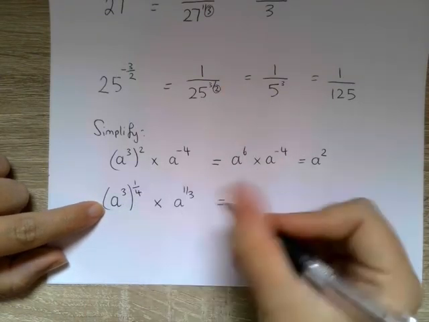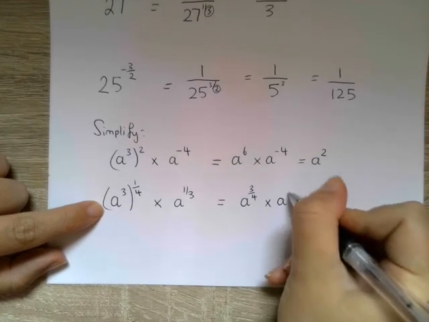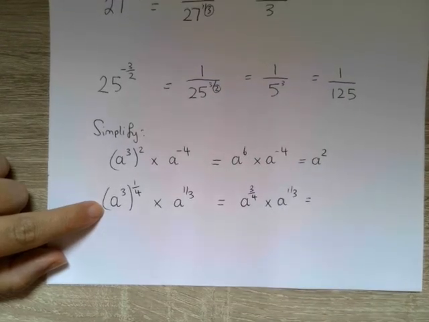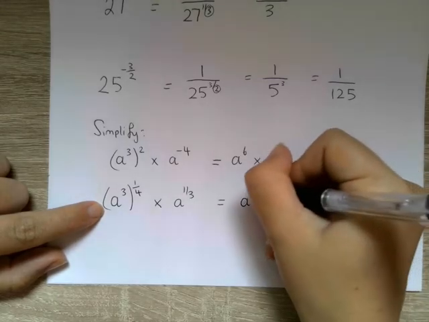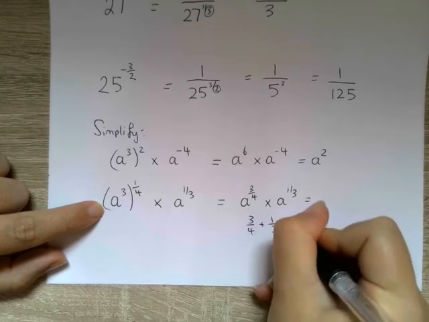So 3 times a quarter would be 3 quarters, times a to the power of a third. And now this would bring in adding fractions, which is another topic, and that's quite often what they like to do in GCSE to stretch the top end students, is to mix topics up. So we'd have to do 3 quarters plus a third without a calculator.